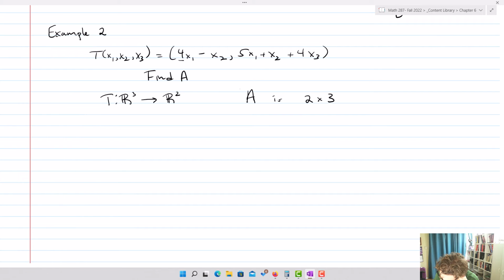I have a 4, and then 5. So we're going to go by columns here. The first column is going to be 4, 5. 4x1, 5x1, that's 4, 5. The next column, column 2, is going to be negative 1, and then 1. And then for the third column, there are 0 x3s in the first row, so it's going to be 0 and 4. And that is A. And there is the matrix of your linear transformation.